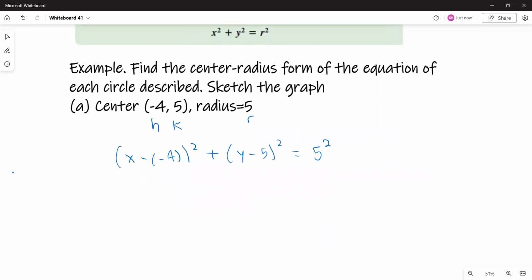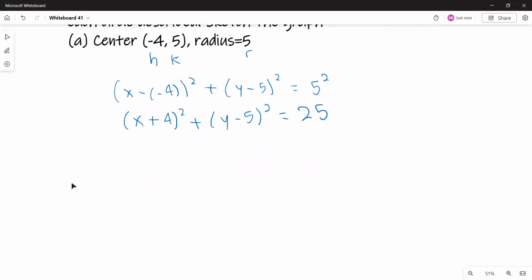But x minus -4 is x plus 4 squared, plus y minus 5 squared. There's nothing to simplify. We're just going to keep it in the center radius form, and 5 squared is 25. So this is what we got so far. We're going to sketch the graph.